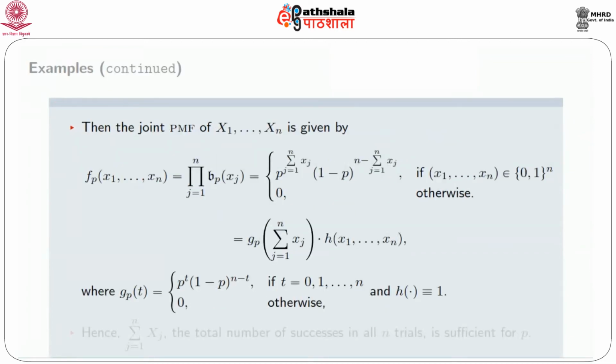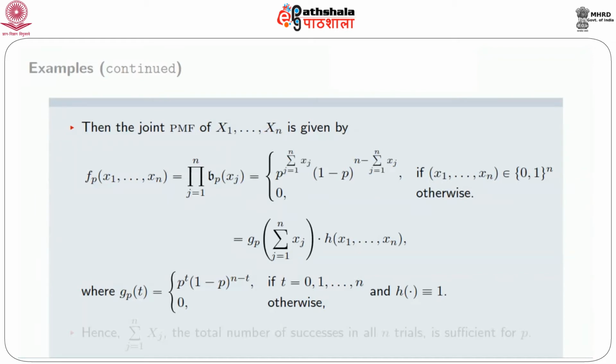The joint PMF of x_1, x_2, ..., x_n is given by f_p(x_1, ..., x_n). This is equal to p to the power summation over j from 1 to n of x_j, into (1 - p) to the power n minus summation over j from 1 to n of x_j, if each x_i can take the value 0 and 1.